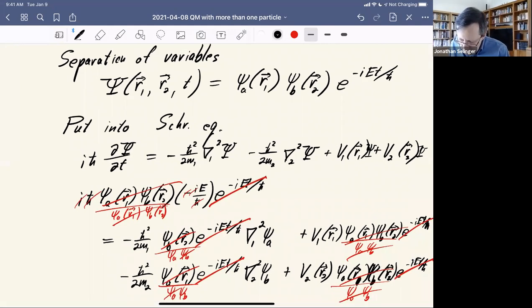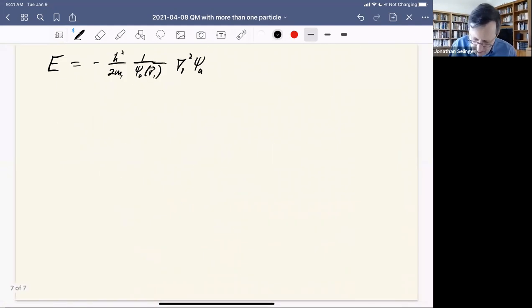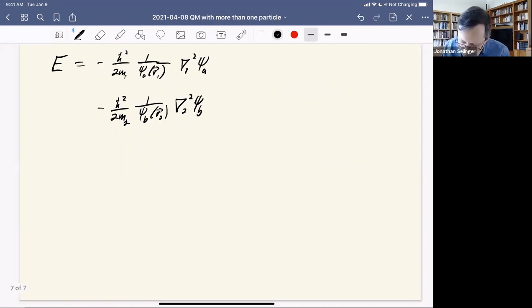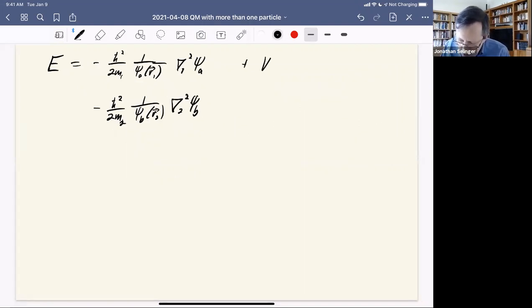Then the same thing for the second line, minus h bar squared over 2m2, 1 over psi B of R2, Laplacian of psi B. And then there's just plus V1 of R1 and plus V2 of R2.